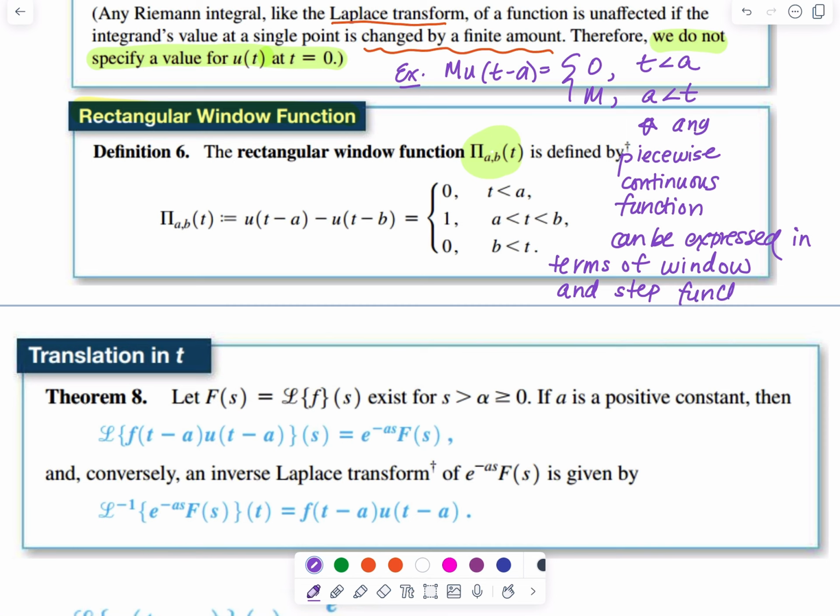And we'll get a chance to do that with some examples.